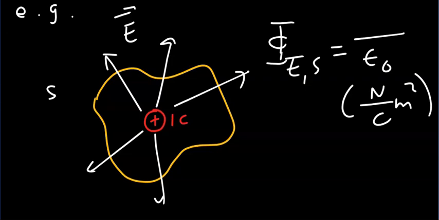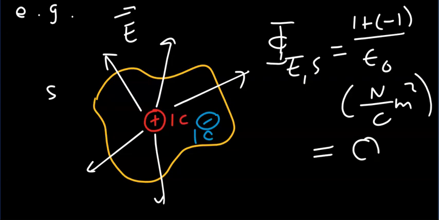Next, let's introduce a negative charge with the same magnitude, but now it's minus 1 coulomb. Now what is the net electric flux through this surface S? It's 1 plus minus 1, and therefore the electric flux is quite simply 0 because the net charge within that surface is 0.